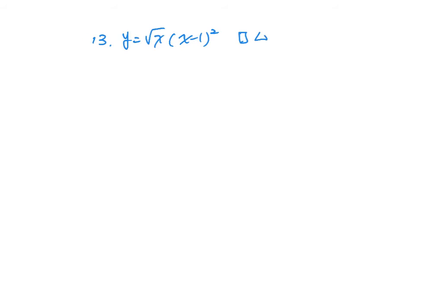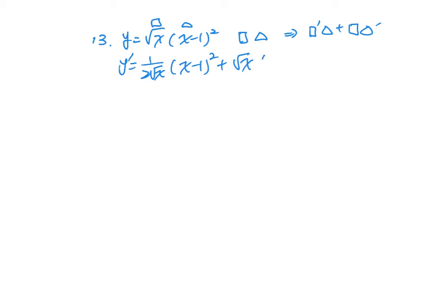You have a product. So that will go box prime triangle plus box triangle prime. Oh, by the way, this is the box, this is the triangle. So 1 over 2 root x, x minus 1 squared, plus 2, x minus 1 to the 1 power. Now you have to simplify.